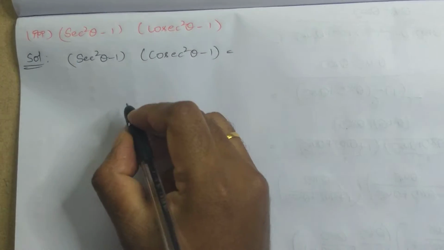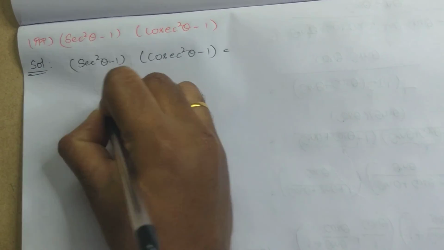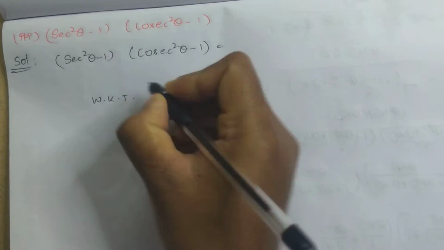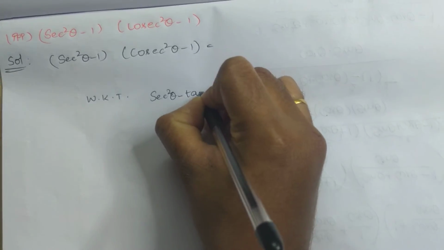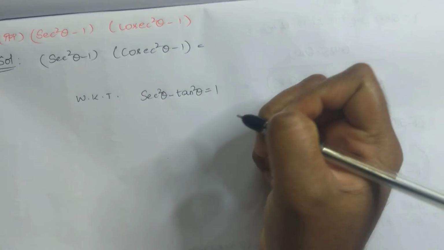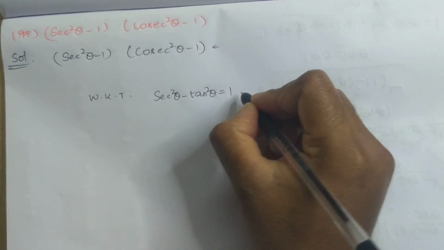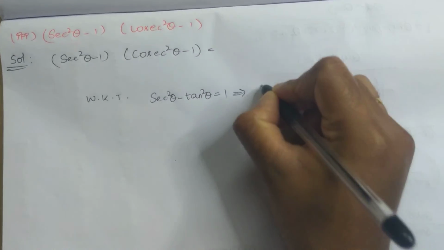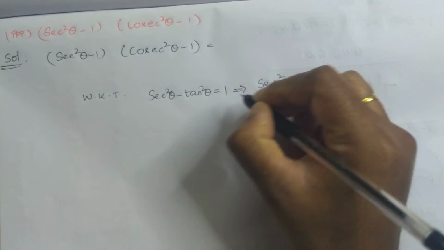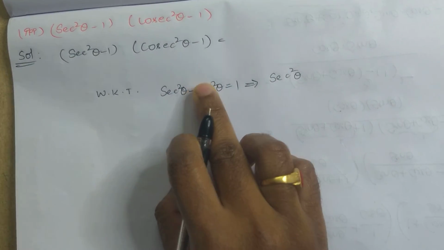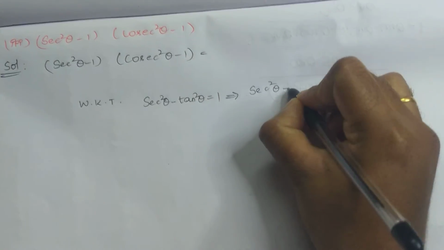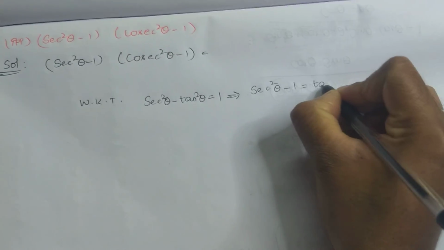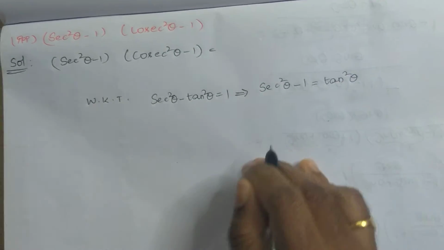We know that secant square theta minus tan square theta equals 1. Correct? So from this, what can we write here? When I send this 1 to the left hand side and tan square theta to the right hand side, what does it become? So secant square theta minus 1 equals tan square theta.